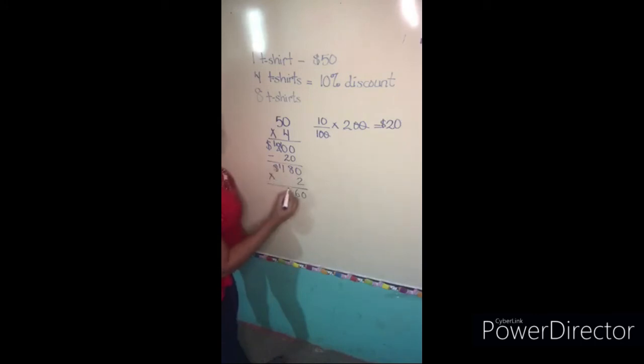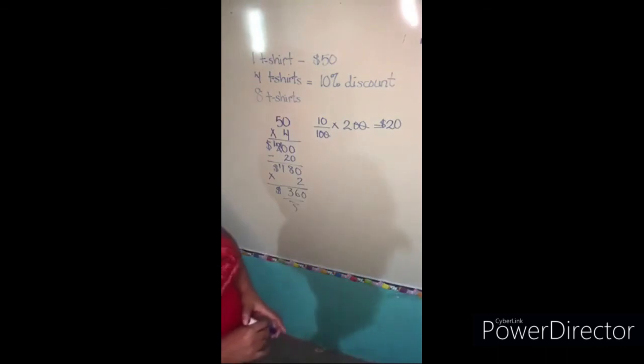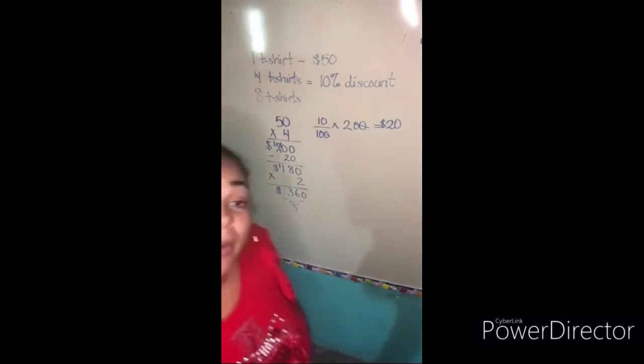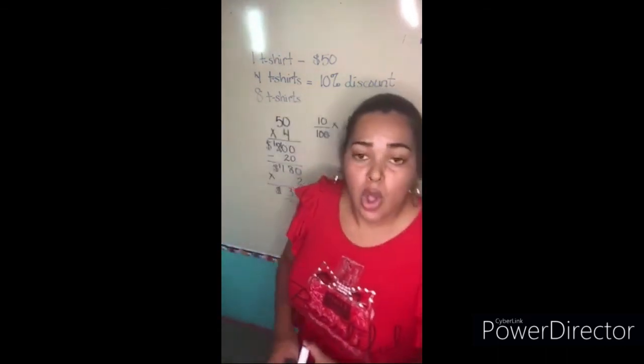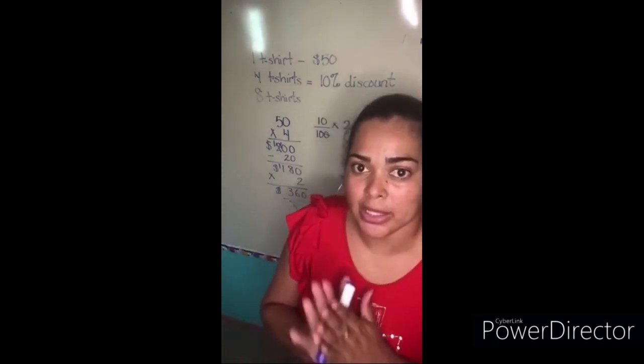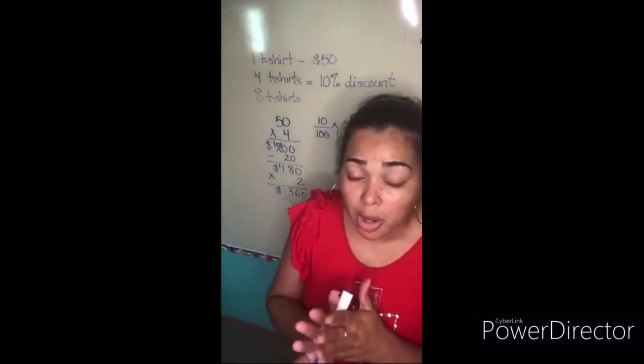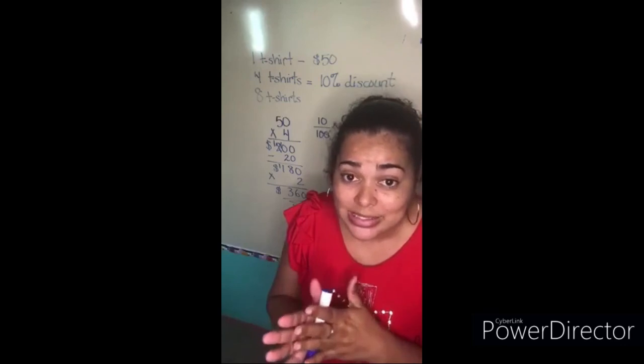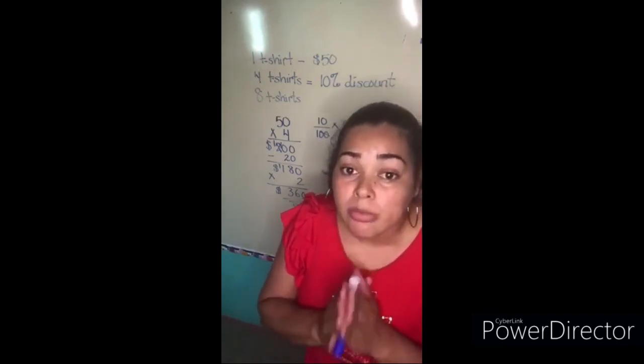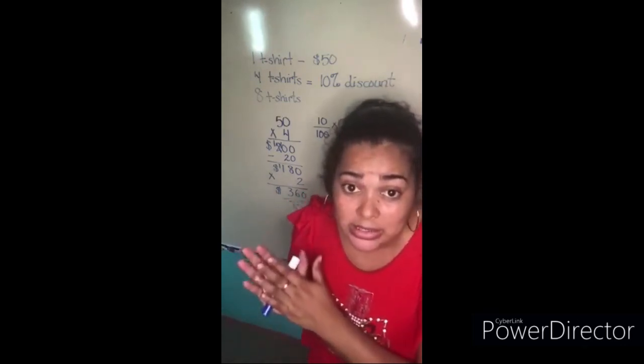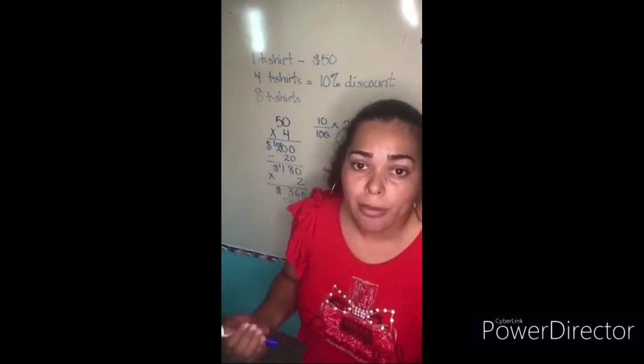And 1 is 3. So for 8 shirts, we're going to pay $360. Right? Now always remember, when you're finished finding the discount, how much the discount percent is, you need to remember to subtract it from your total cost to find out what you will end up paying.